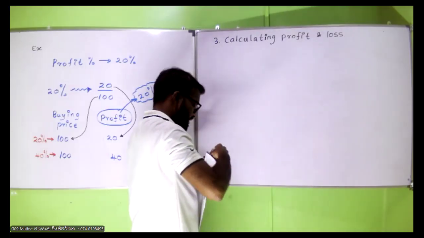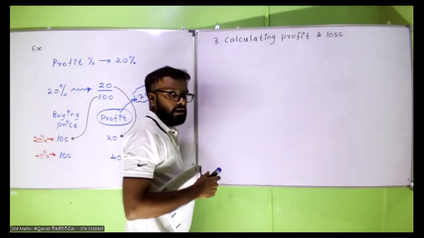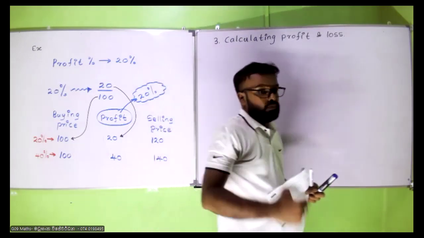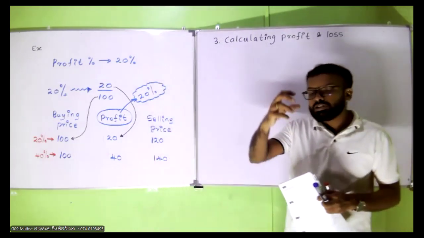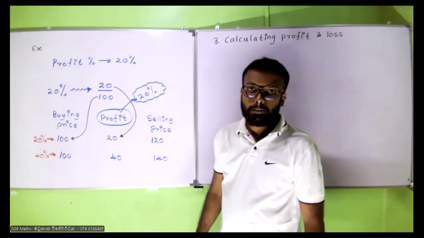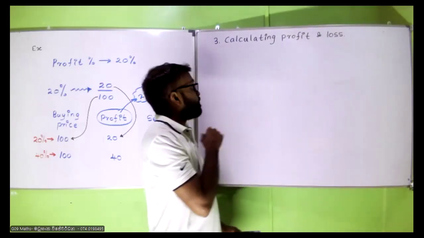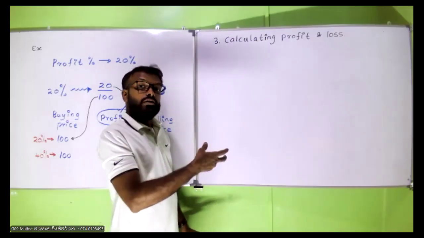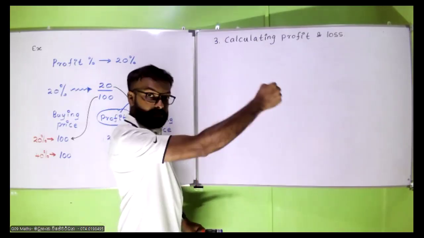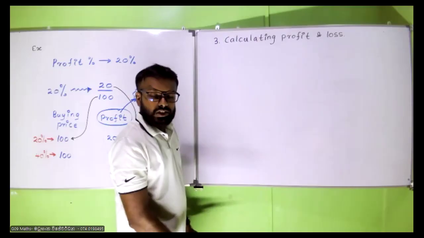Calculating profit and loss. So there are another 2 equations that you need to remember when you are calculating the profit and loss, when you have been given the profit percentage and the loss percentage.